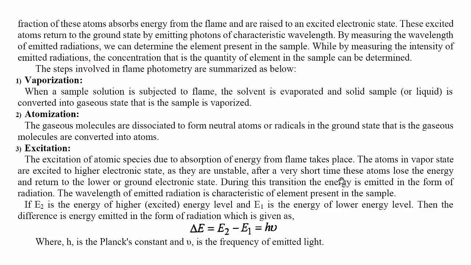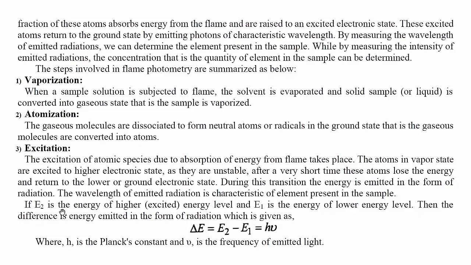After a very short time these atoms lose the energy and return to the lower or ground electronic state. During this transition the energy is emitted in the form of radiation. The wavelength of emitted radiation is characteristic of the element present in the sample.